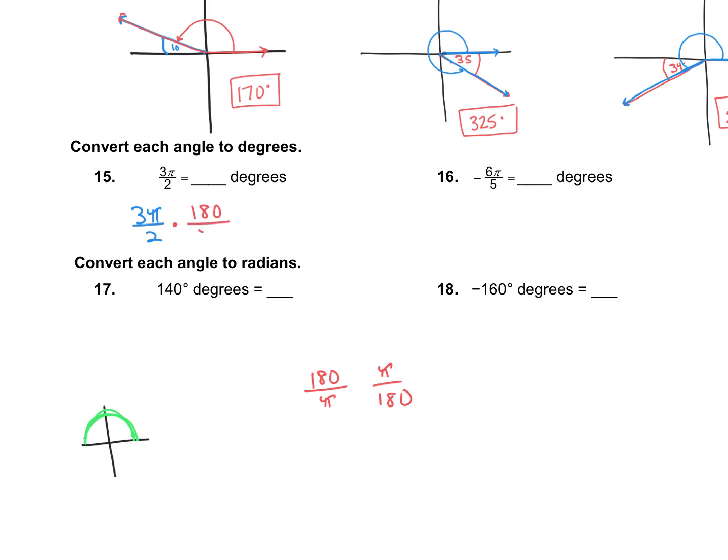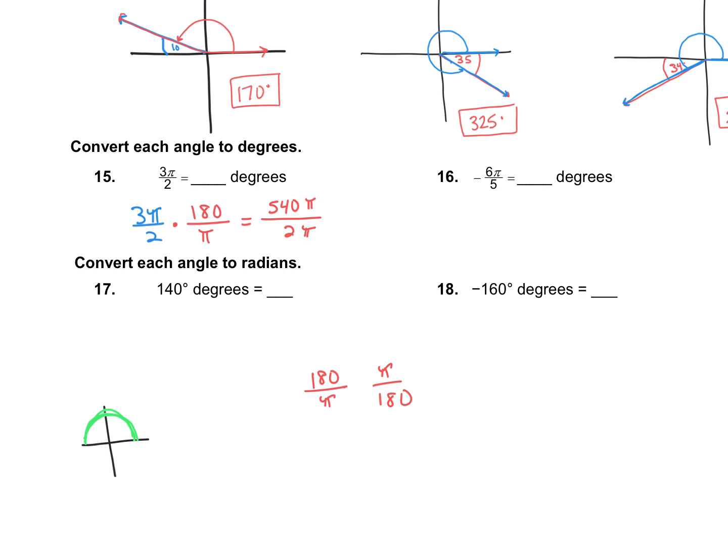180 over pi. Now if I just multiply these straight across, I'll show you what I'm talking about here. So 3 times 180 is 540, and then the pi over 2 times pi is 2 pi. So do you see how we have a pi in the numerator and a pi in the denominator?